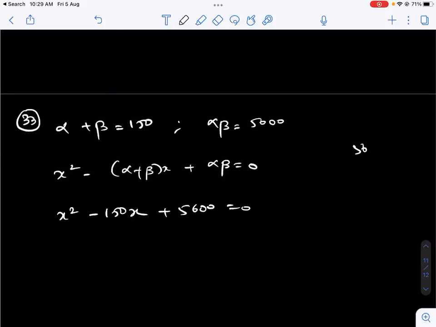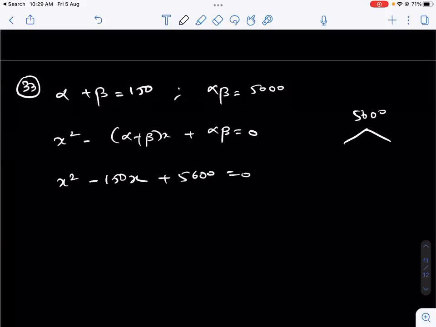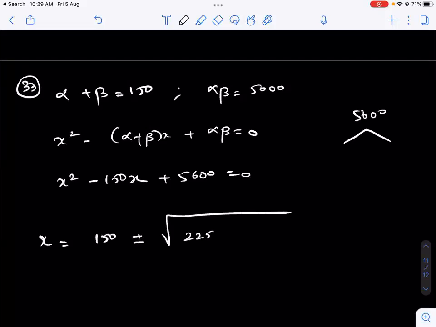So split 5600 in such a way that you get the middle term. Or you can go with the formula: x is equal to minus b plus or minus root of b square minus 4ac, the whole divided by 2a. So what is 150 square? 22500.